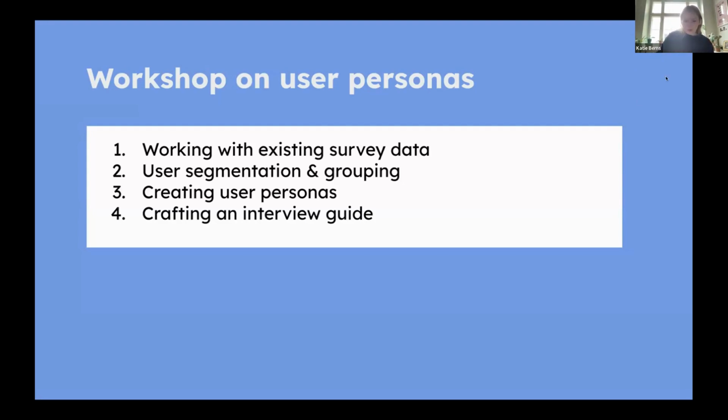I know we weren't sure when we were doing the organization for this how many people would attend, but I think the general idea was to make some groups that I guess we will do in the breakout rooms. So I guess I can discuss that with Eleonora. But the idea is that you will work together in groups to look at the data you have, develop a persona and think about the questions that might be asked.